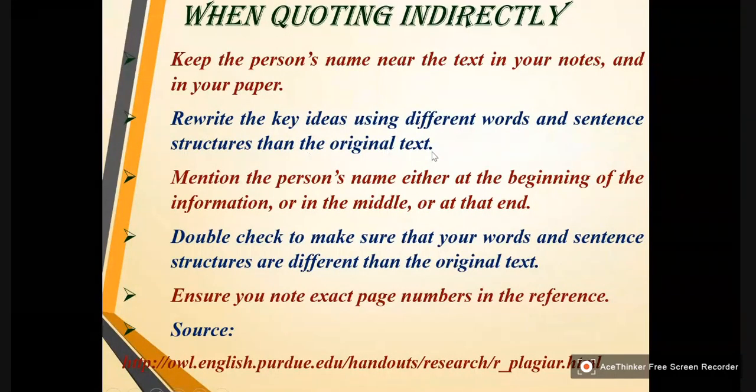So that means you are indirectly using the key idea. Mention the person's name again at the beginning or end. Double check to make sure that your words and sentence structure are different from the original text. Ensure you note exact page numbers in the reference. So you give the page numbers.